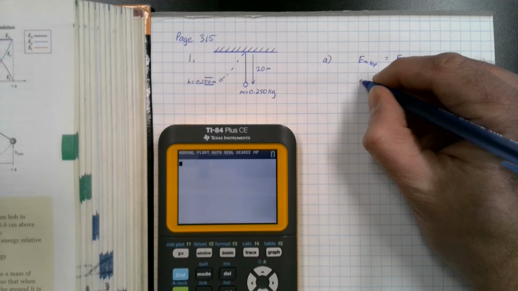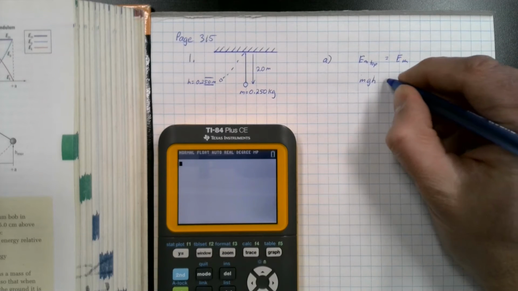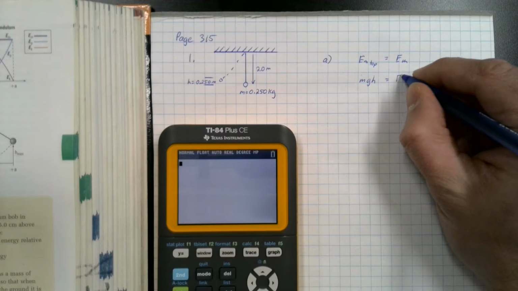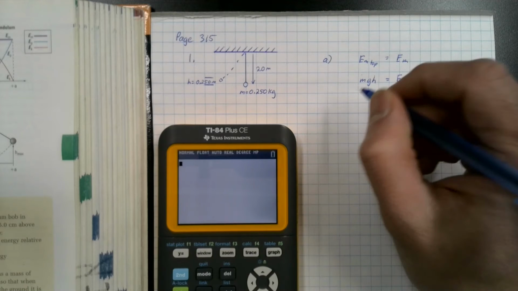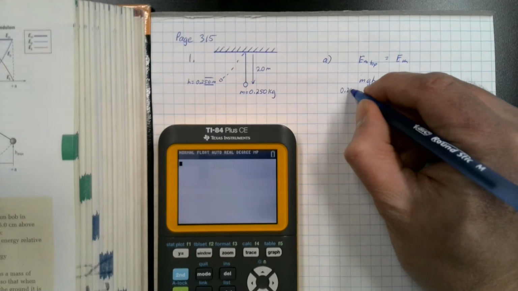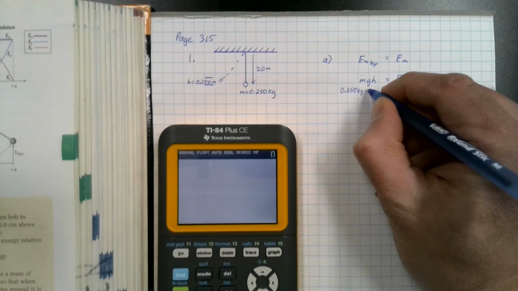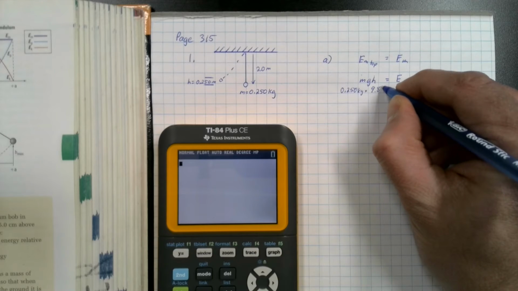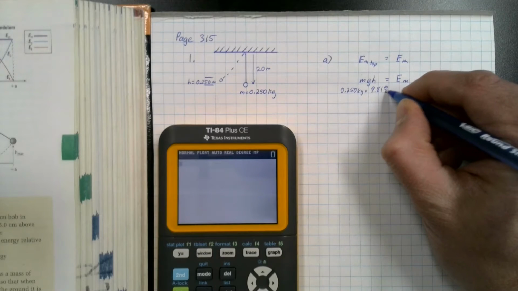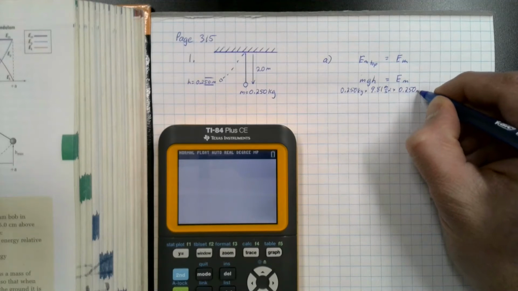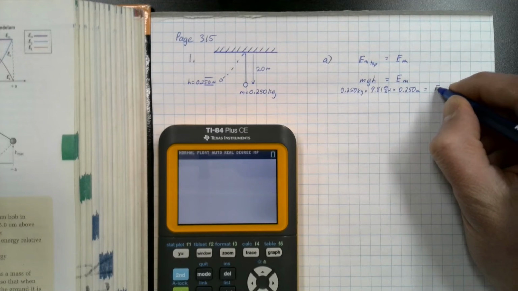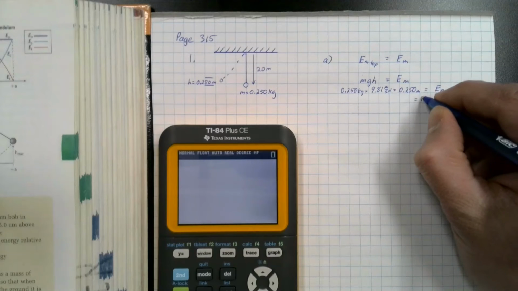So to calculate our gravitational potential energy, it's mgh. It's stationary, so there's no other types of mechanical energy involved. So it's simply our mass, 0.250 kilograms, times g, 9.81 meters per second squared, times the height, 0.250 meters at the maximum height, and that will give us our mechanical energy.